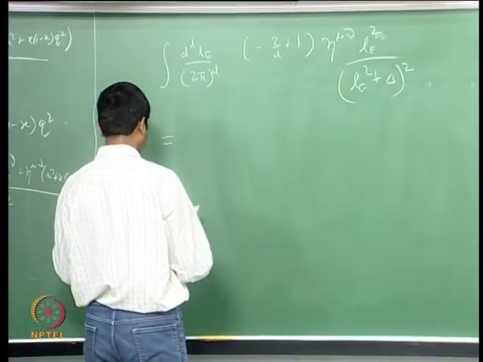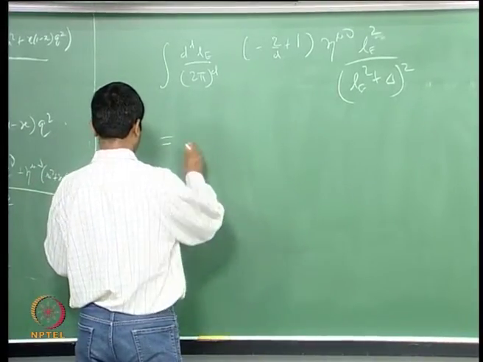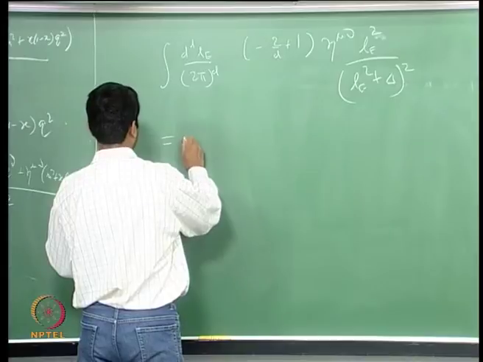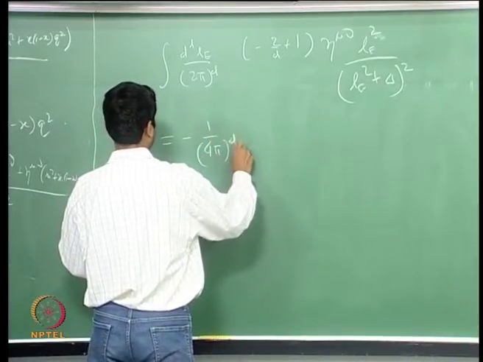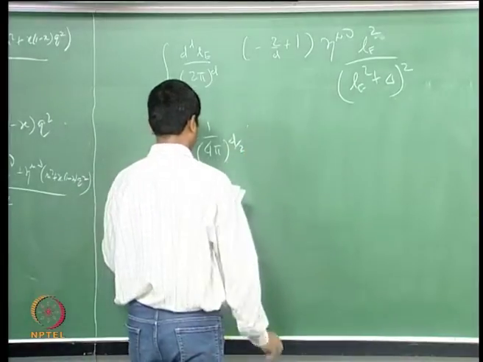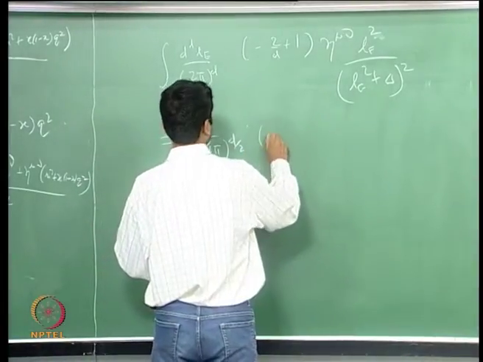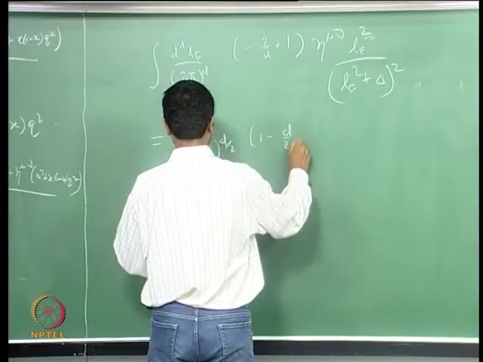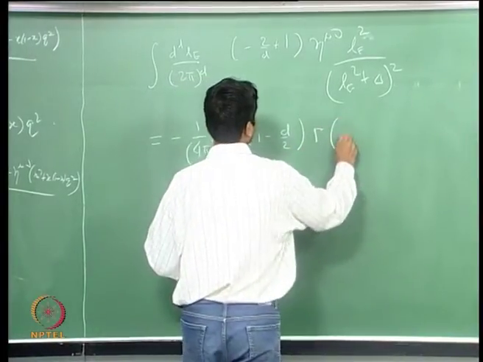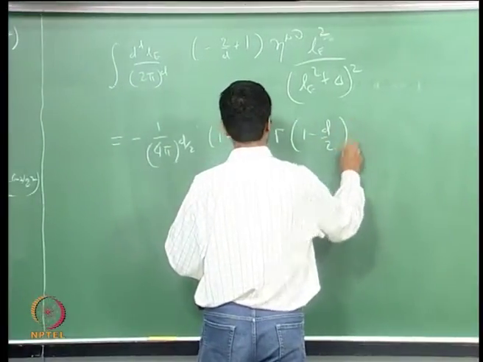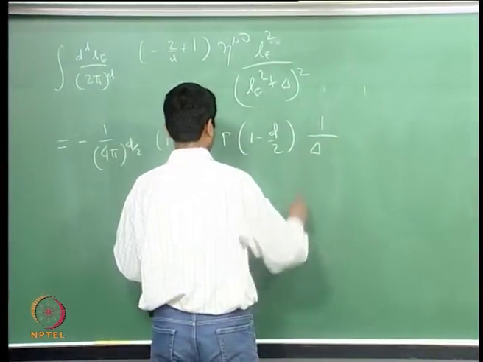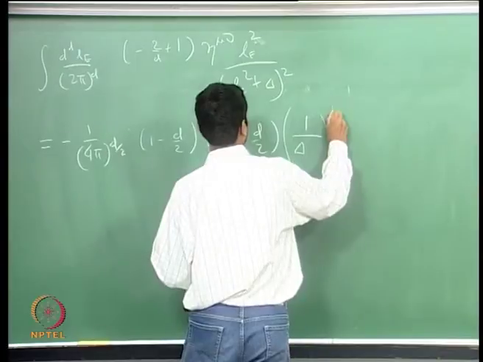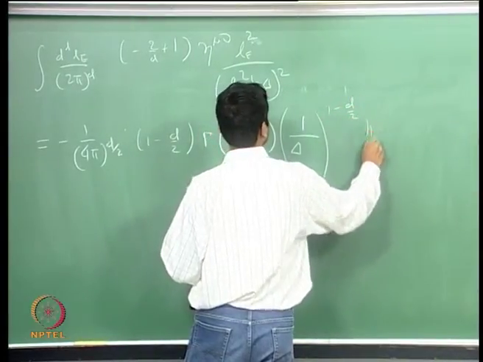This is simply given by minus 1 over 4 pi to the power d by 2, 1 minus d by 2 gamma 1 minus d by 2, 1 over delta to the power 1 minus d by 2, eta mu nu.